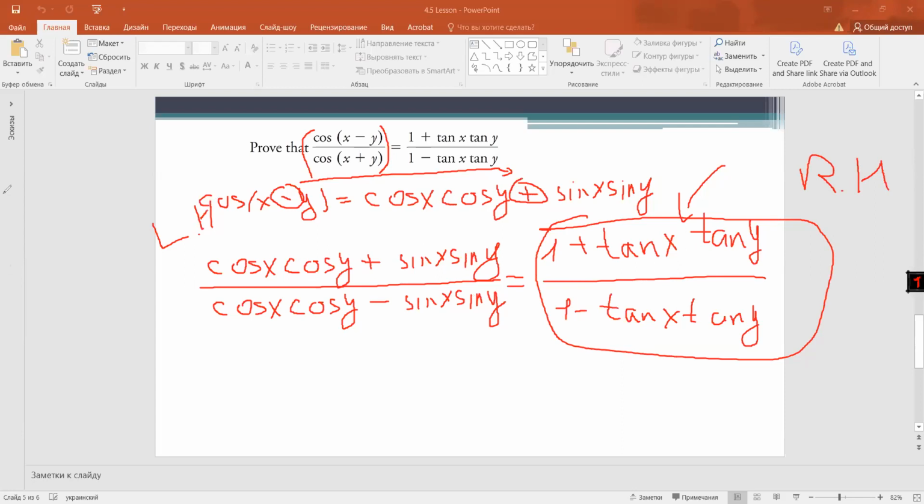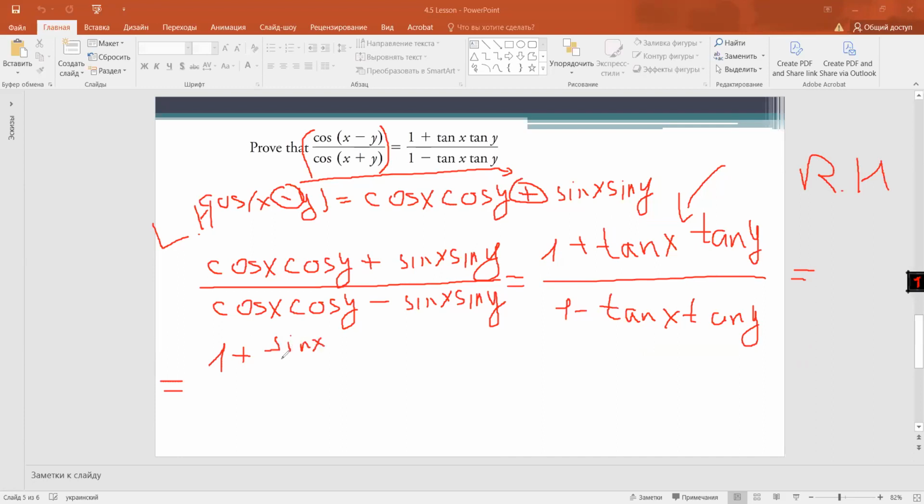On the right-hand side, what do we have? We have 1 plus tangent x times tangent y, and 1 minus tangent x times tangent y, which would be equal to the following. 1 plus tangent x. What is tangent x? It is sine x over cosine x. Don't forget about basic identities: the definition of tangent, sine x over cosine x.